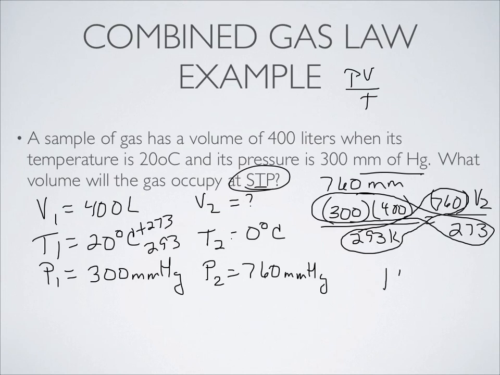And I get 147. And once again, the label is going to be whatever it was here, which is liters. 147 for the volume. And does it make sense that the volume would go down if you increase the pressure and decrease the temperature? Sure, makes sense.